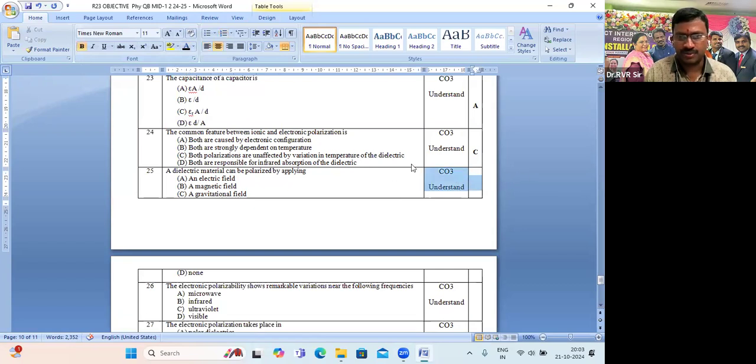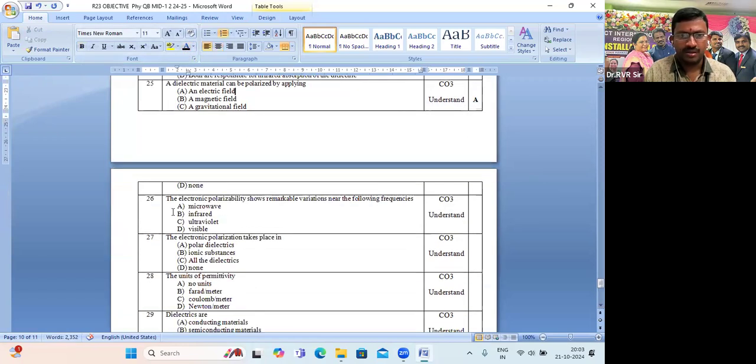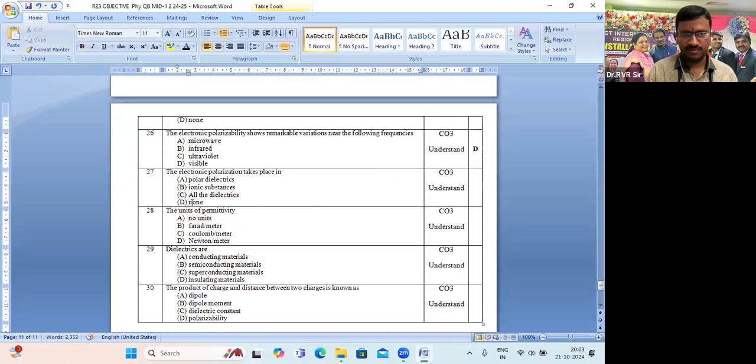Yes, option A is the right answer. The electronic polarizability shows remarkable variation near visible frequency. The electronic polarization takes place in all the dielectrics, so the right answer will be option C.